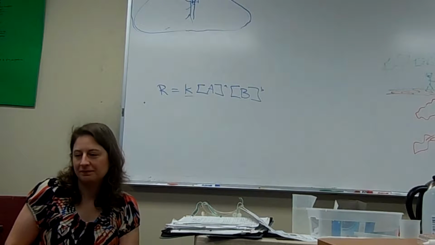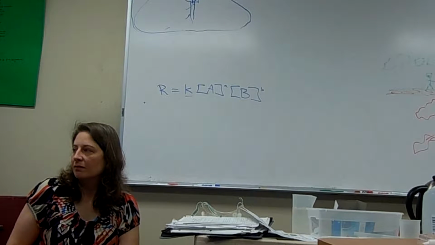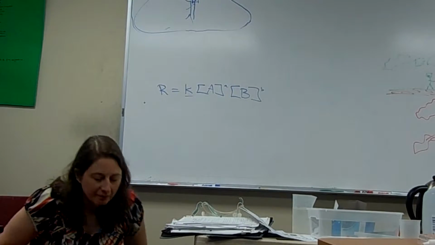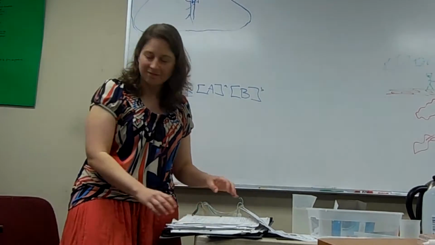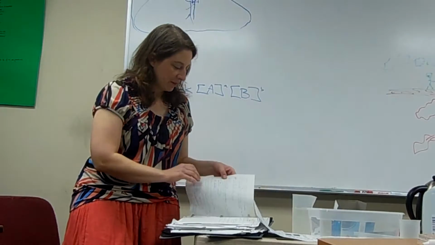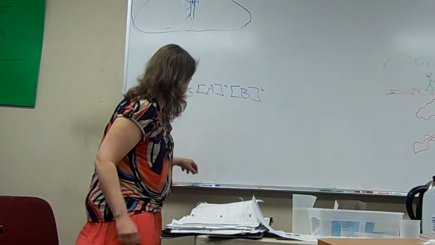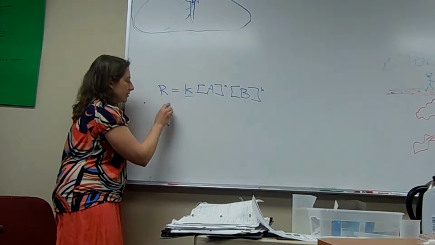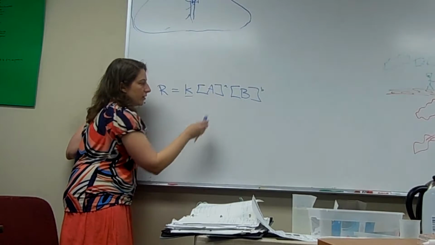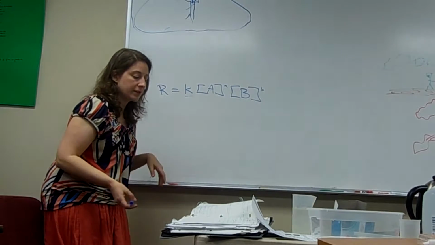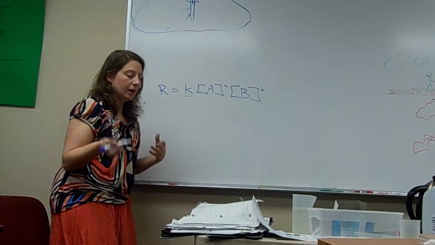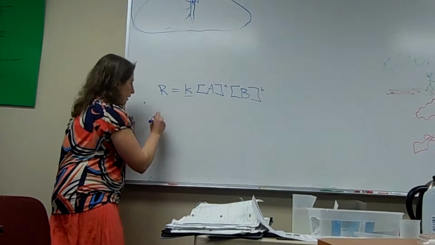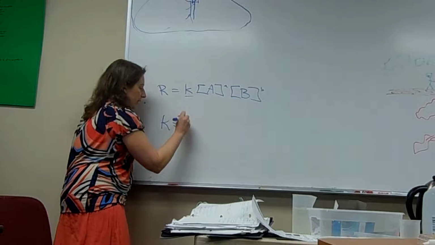Because K is the constant for that temperature, but then if the temperature changes, K changes. So you can actually find K experimentally. You can observe the rate and know the concentrations that you put in, find instantaneous rate, and calculate out K. But K is actually this.